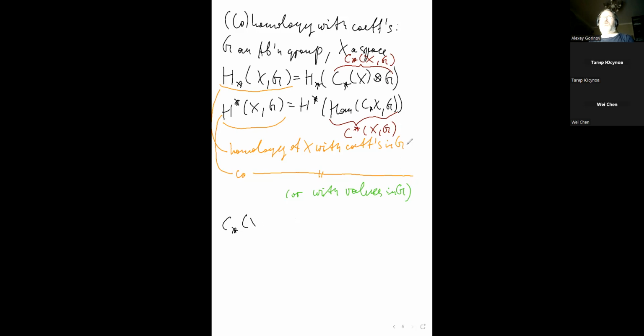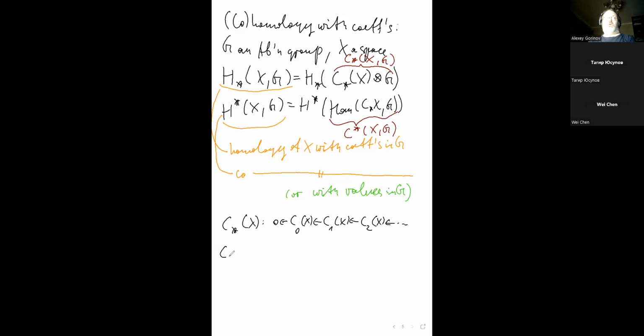We start with C lower star of X: C naught, C1, C2, and so on, starting with 0.